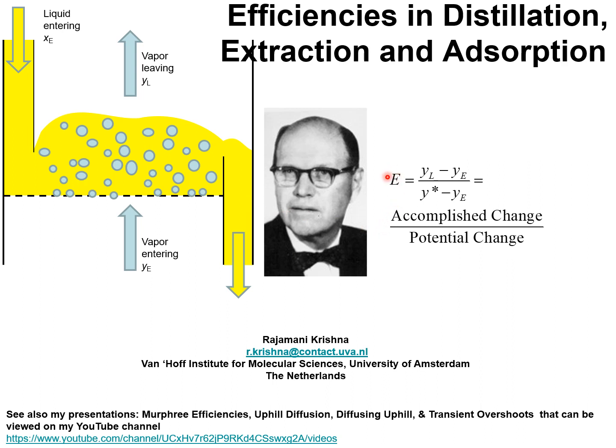So physically, the Murphree efficiency is the actual accomplished change in vapor composition divided by the potential change in the vapor composition under conditions in which the distillation tray operates under thermodynamic equilibrium conditions.